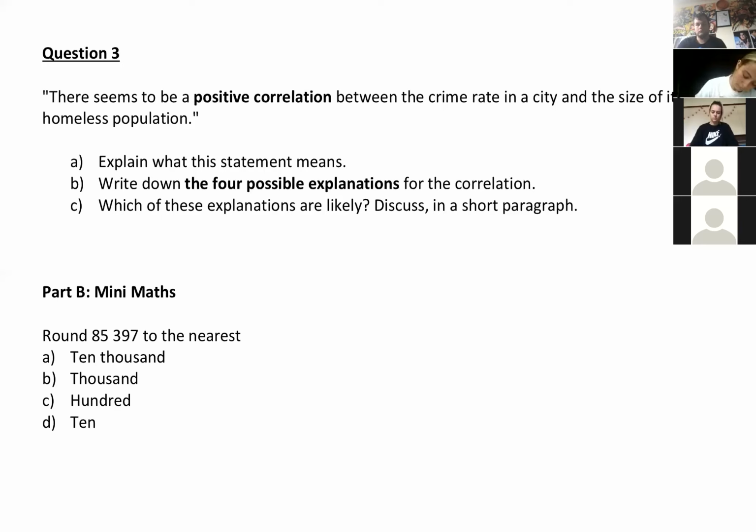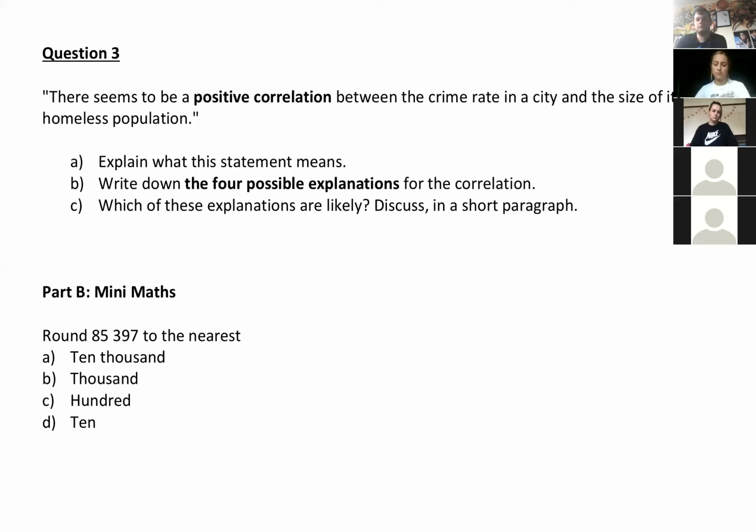All right, so now we've written down the 4 possible explanations for the correlation. This is where things get interesting. We're discussing what explanations are likely. So is there a way that you can see your way to arguing that an increase in crime could cause an increase in homelessness? Well, yeah, so crimes such as drugs and alcohol can cause issues with paying bills, and so that ends up being on the street and homeless. Yeah, absolutely.